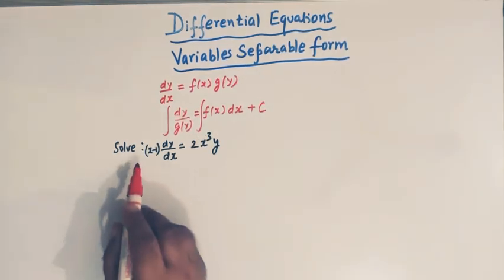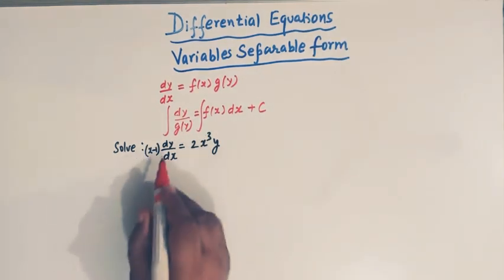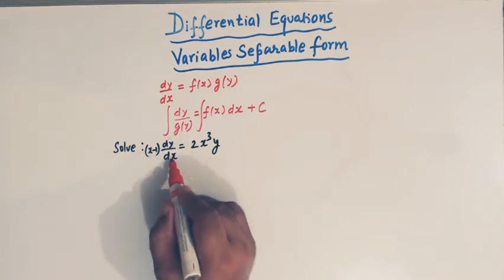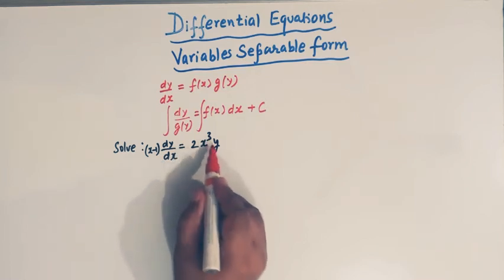Now let us solve this differential equation. Here we have x minus 1 times dy over dx is equal to 2x cube y.